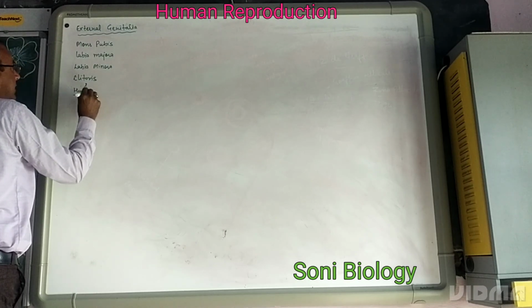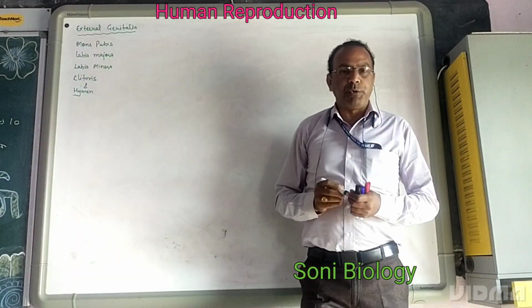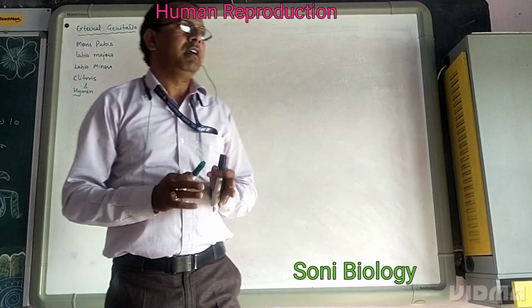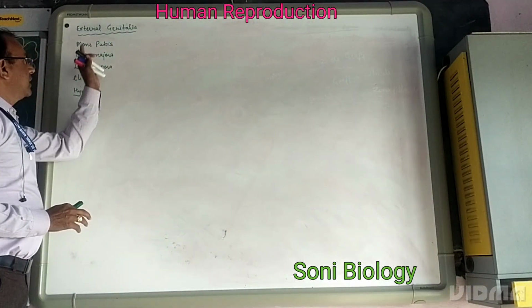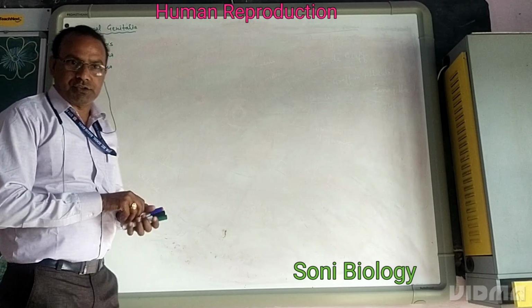A female external genitalia may include mons pubis, labia majora, labia minora, clitoris, hymen, etc. How this structure may present and how it functions.